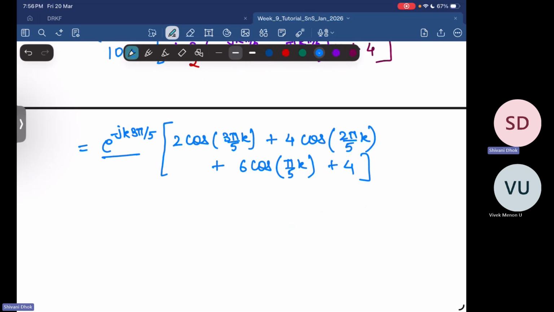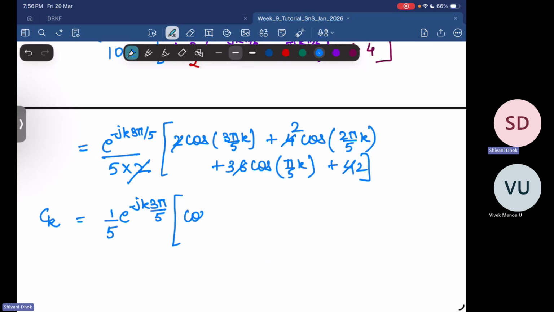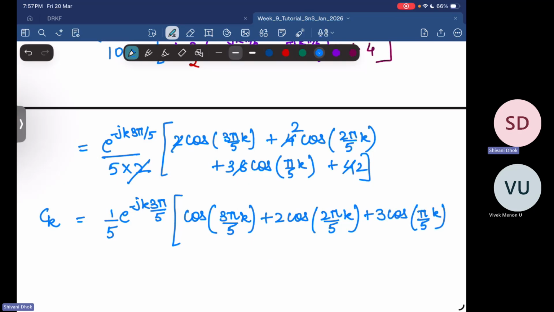And I can write this 10 as 5 into 2, which will cancel out these terms. So that will basically give me ck equal to 1 by 5 into e power minus j k 3 pi by 5. Inside the bracket I have cos of 3 pi by 5 k plus 2 times cos of 2 pi by 5 k plus 3 times cos of pi by 5 k plus 2.